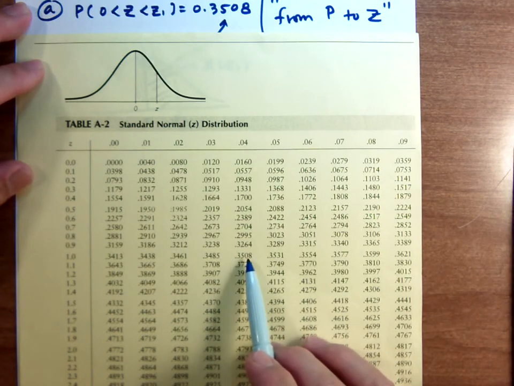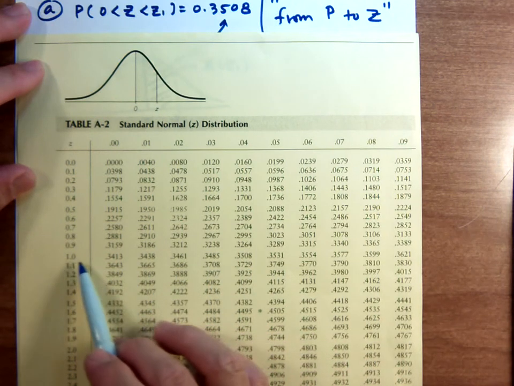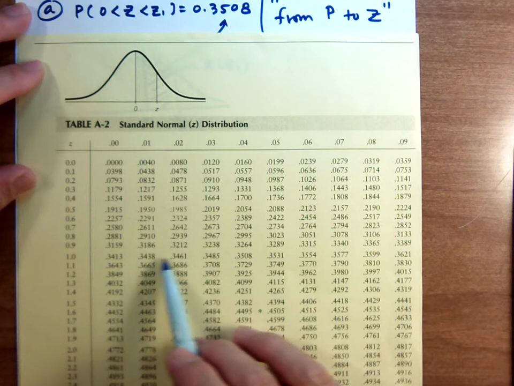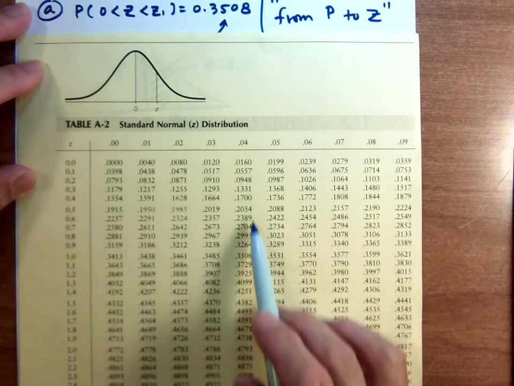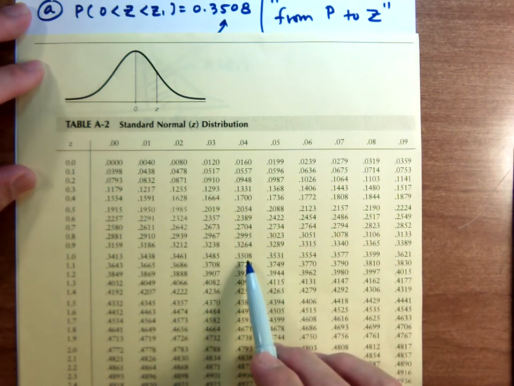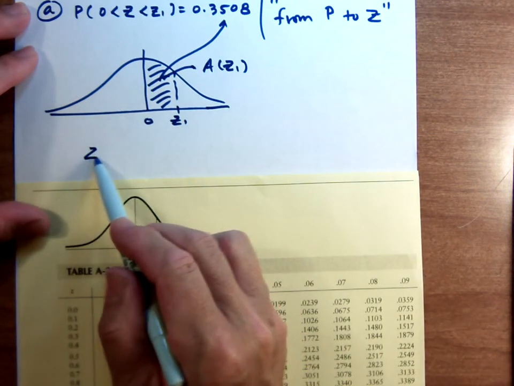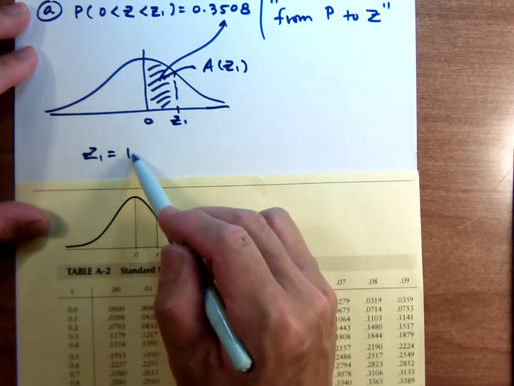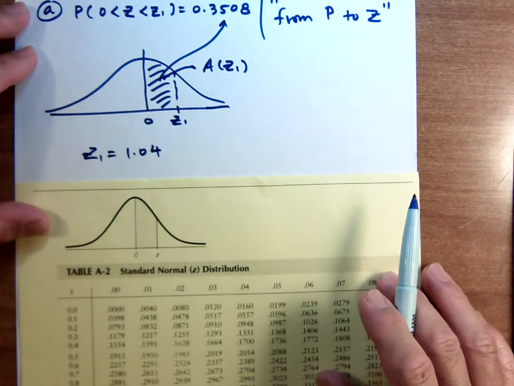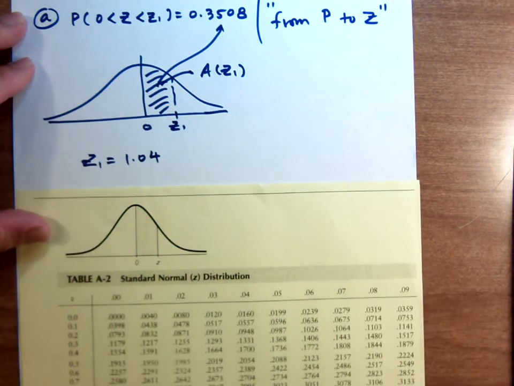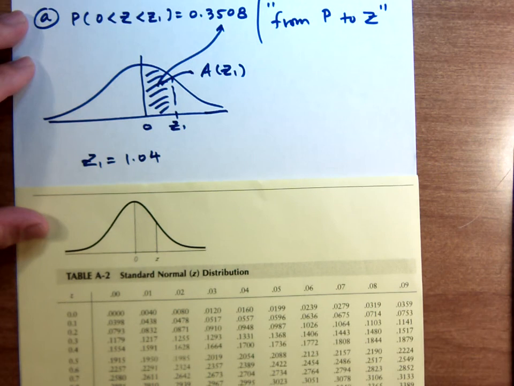That number corresponds to the z value of 1.04. So our answer then is z1 is 1.04. That's it. Again, this is one where we are going backwards.